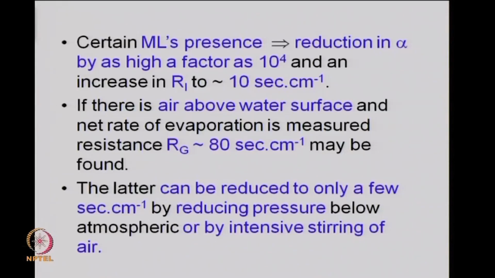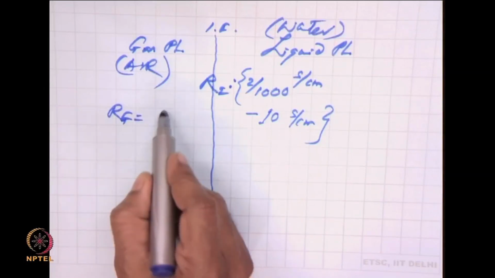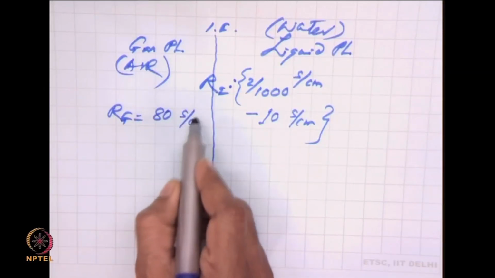Next resistance in question is the gas phase resistance. So, we could talk about a situation where above water surface there is only air, and we could think of measuring the net rate of evaporation. If we do that, Rg, the gas phase resistance, could work out to about 80 seconds per centimeter. So, let us say we talk of air, this liquid is water, and Rg could be about 80 seconds per centimeter.